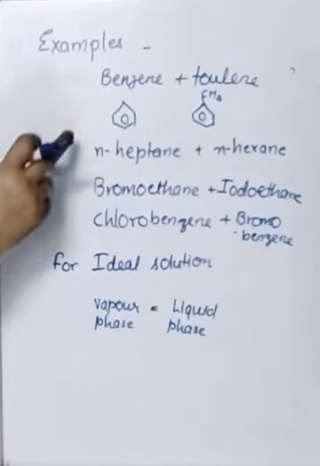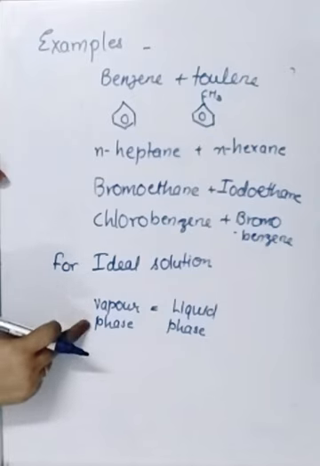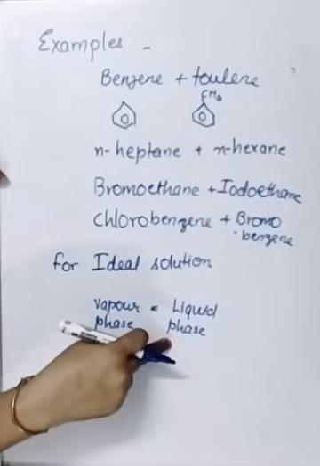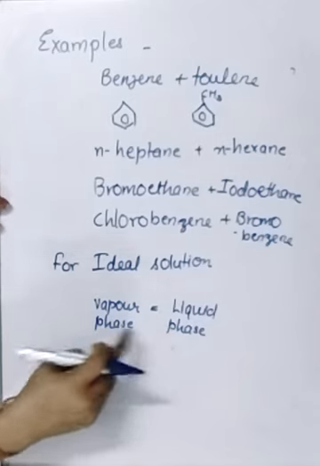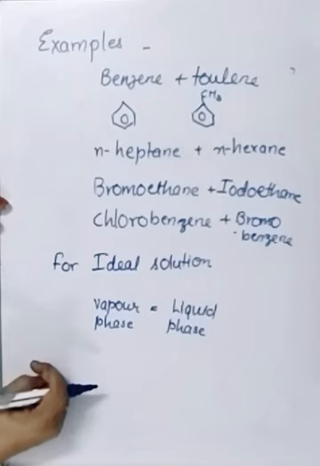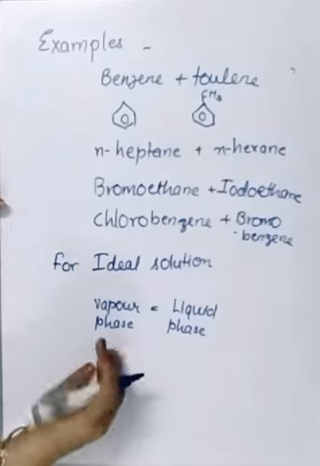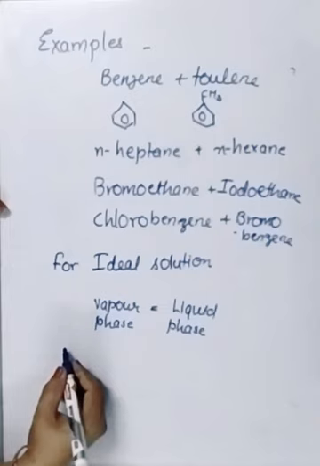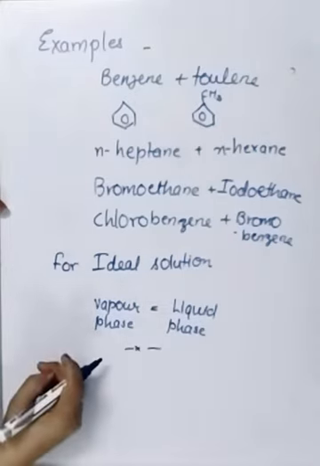Whatever mole fraction of component A and component B is in vapor phase, the same mole fraction of the two components will be in their liquid phase. So if you see Raoult's law in vapor phase, according to Raoult's law of partial pressure, now we are talking about vapor phase.